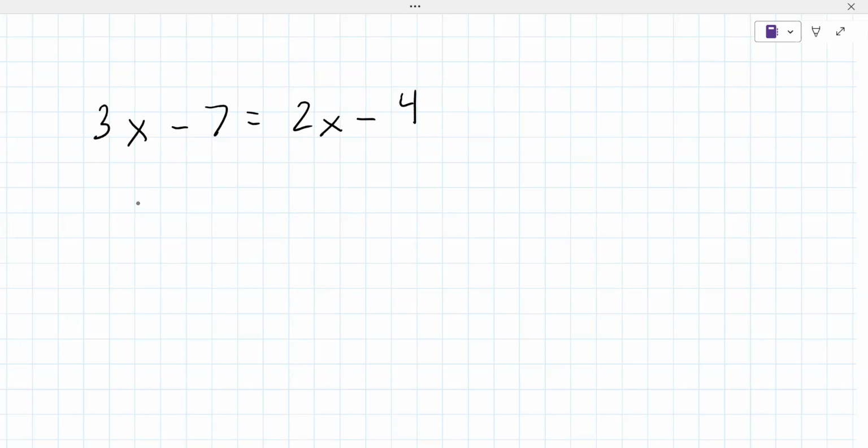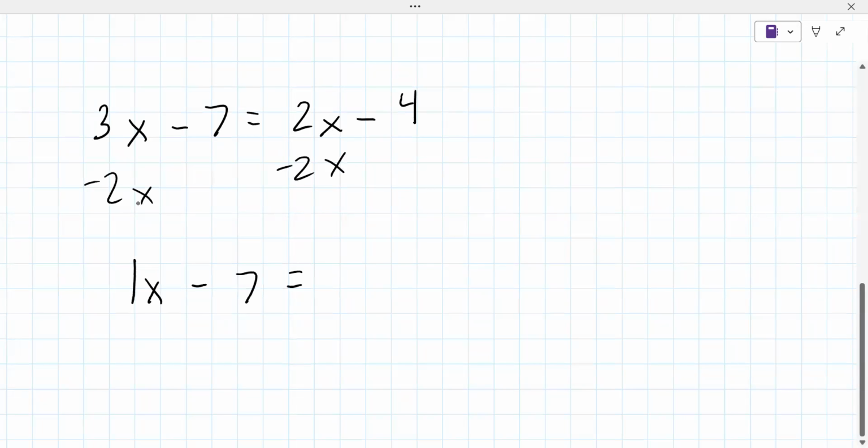That's 2x. Okay, so move the 2x to the other side. So you're going to subtract 2x from both sides. It's 1x. Okay. 1x minus 7 equals -4.